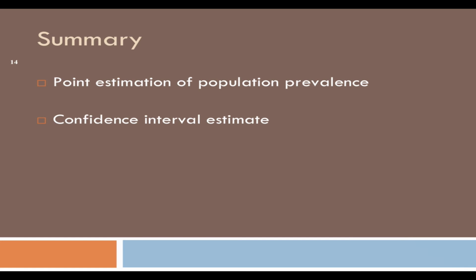So in summary, we actually finished the 2 lectures of estimation. And in those 2 estimation lectures, what we have talked about is essentially 2 questions. The first question is, what if you are given the task to estimate the population mean? And then your answer is, my best point estimate for population mean is the sample mean.